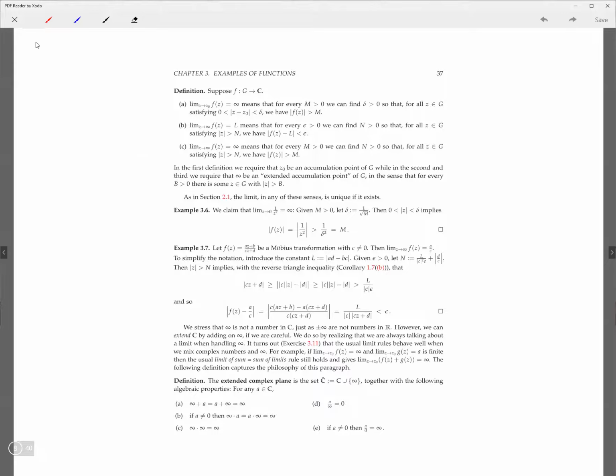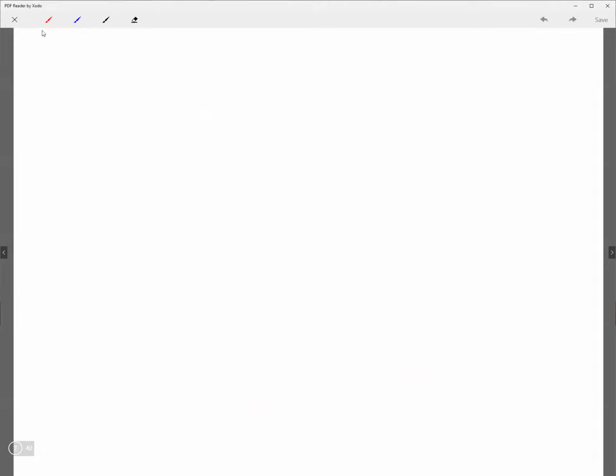First of all, the way we handle limits in general, let me review a little on the previous page: let's say we have the limit as z goes to z naught of f of z equals w0. Okay, so we have that limit right there.